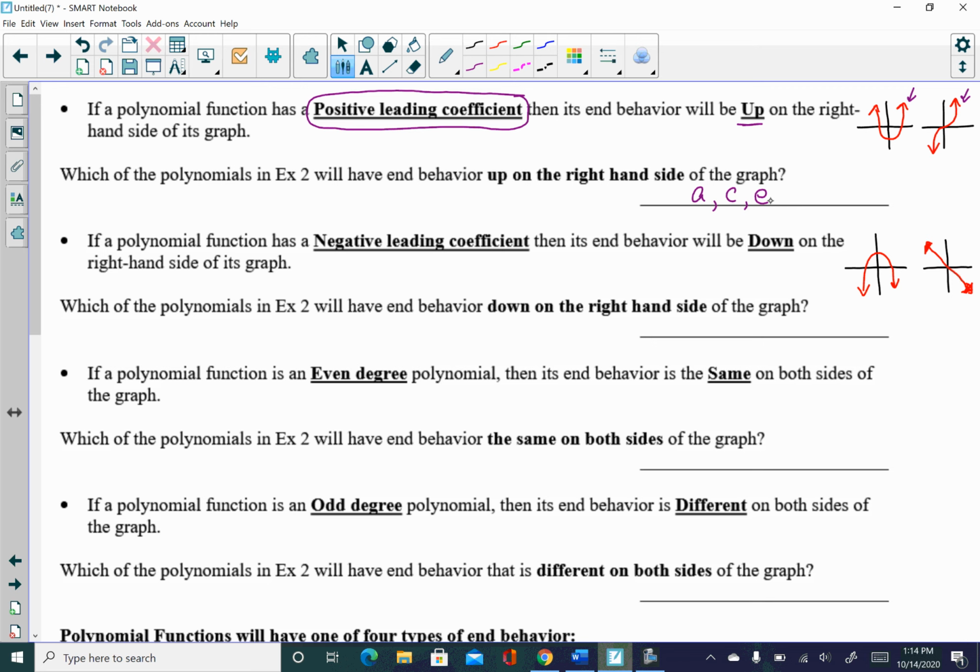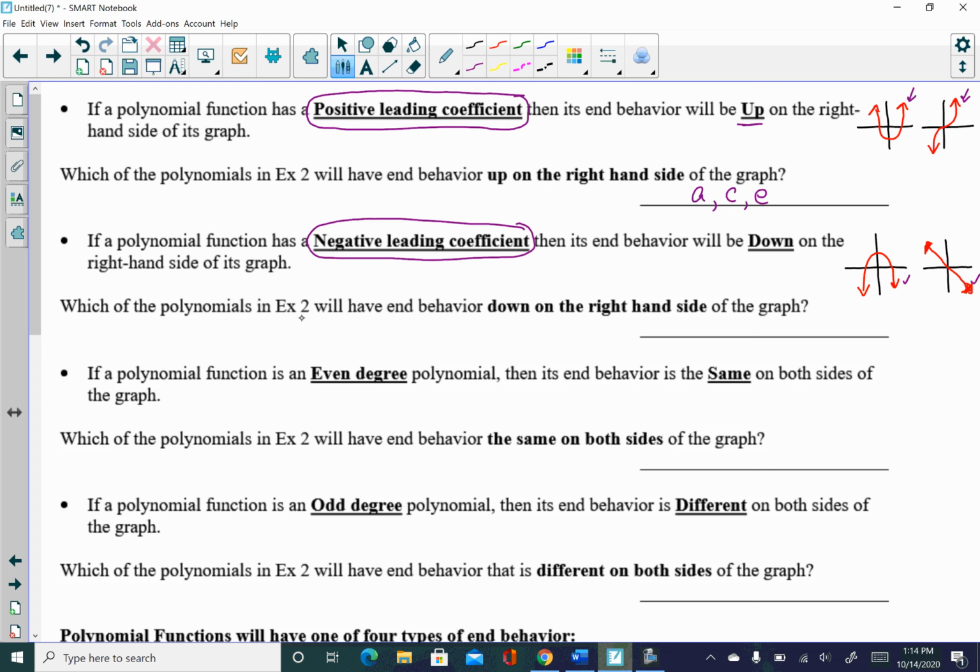The next bullet point down says that if a polynomial function has a negative leading coefficient, then its end behavior will be down on the right-hand side. I've drawn two graphs over here so you can see what that looks like. Here's your right-hand side, I'm going down. Here's your right-hand side, I'm going down. Remember, read a graph like you read a book, from left to right.